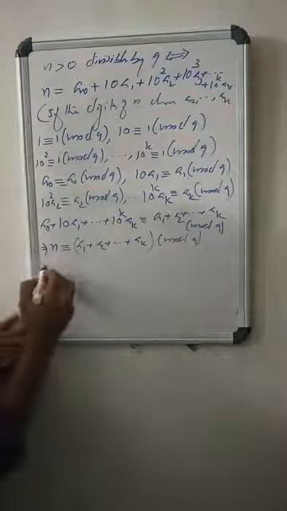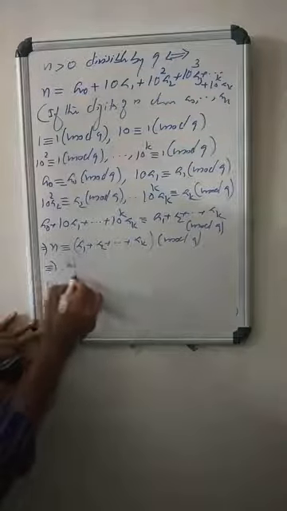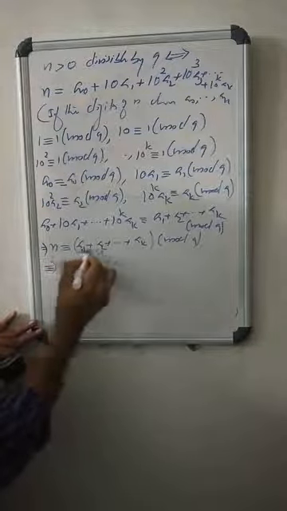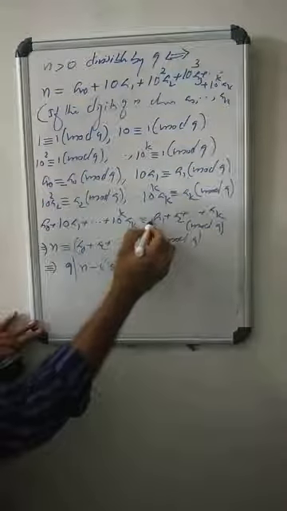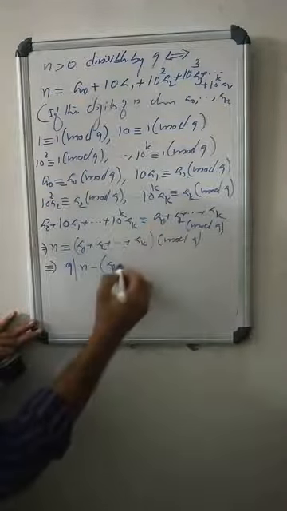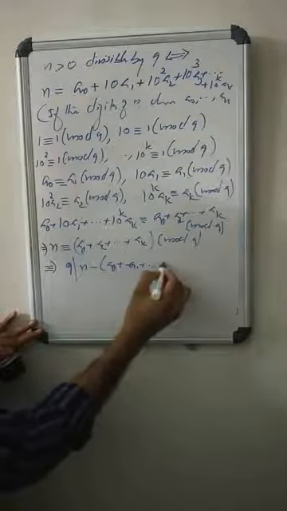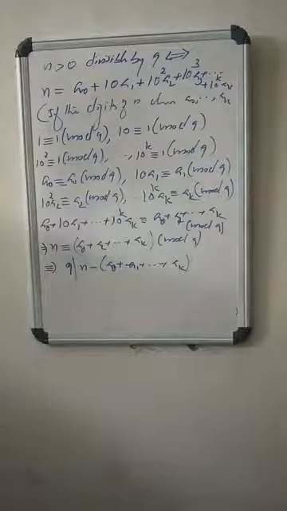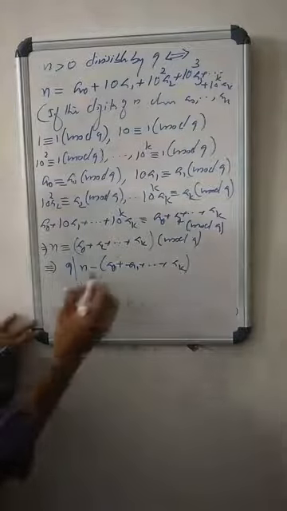That means 9 divides n minus the sum a0 plus a1 plus etc. plus ak. If 9 divides n, then 9 divides n minus this sum, and surely that implies 9 divides a0 plus a1 plus etc. plus ak.